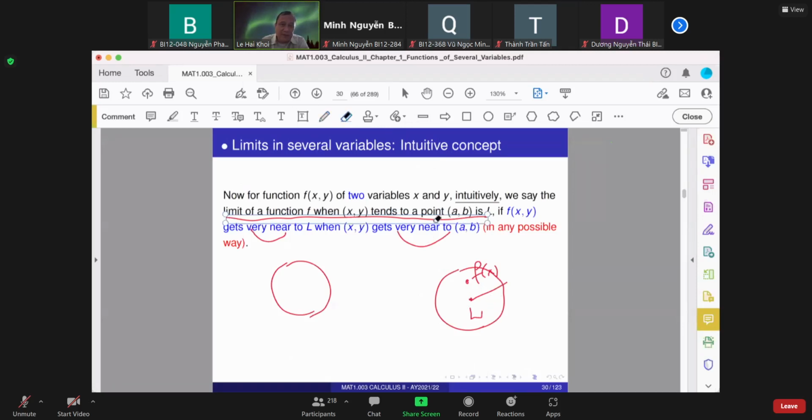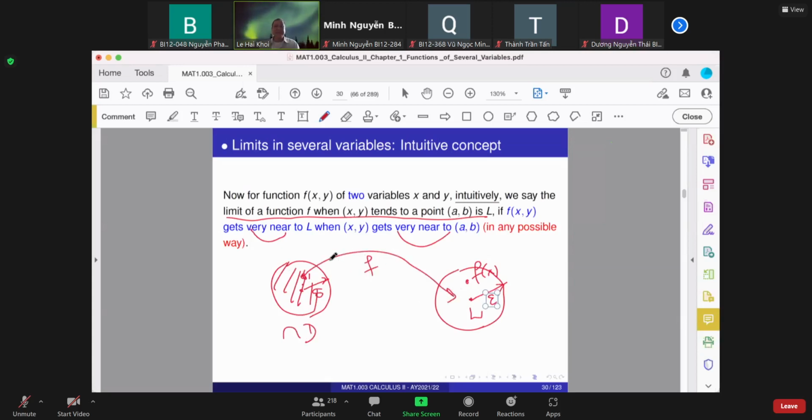So if x is in the delta neighborhood, of course intersected with D, I suppose, any x here is mapped into this one under f.